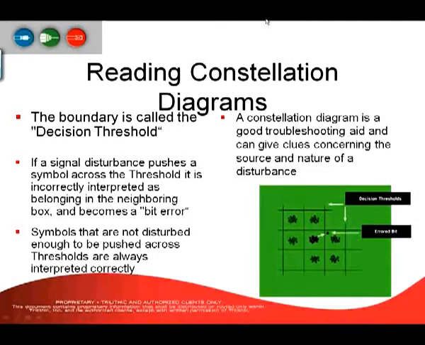If a signal disturbance pushes a symbol across the threshold, it is incorrectly interpreted as belonging in the neighboring box, and then it becomes a bit error. Symbols that are not disturbed enough to be pushed across the thresholds are always interpreted correctly. A constellation diagram is really a good troubleshooting aid, and it can give you clues concerning the source and nature of the particular disturbance.